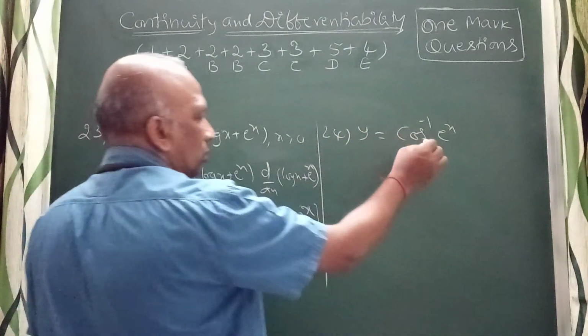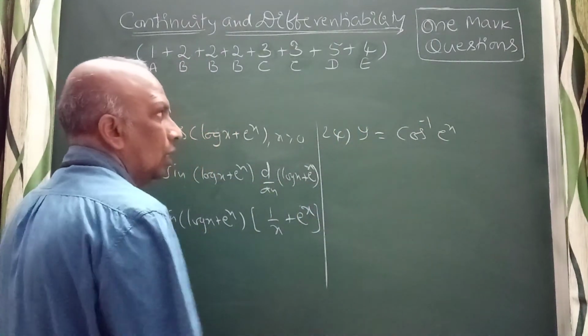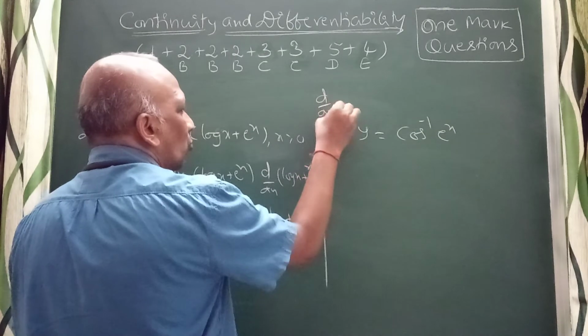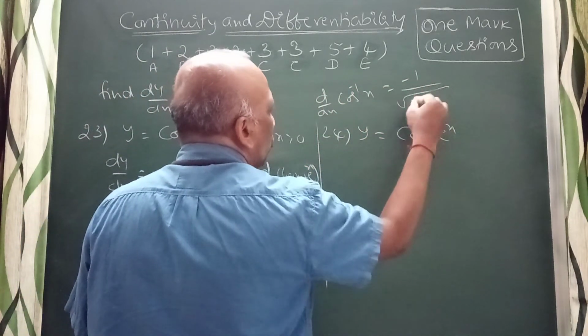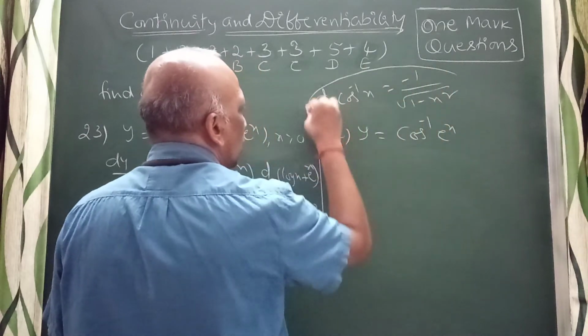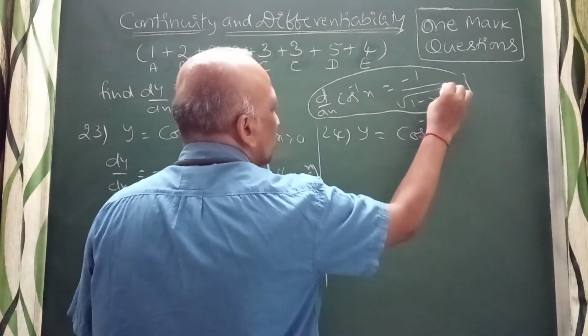Suppose if we take this one, think about the derivative of cos inverse x. You should remember d by dx of cos inverse x is minus 1 by root of 1 minus x squared. So this is a formula.